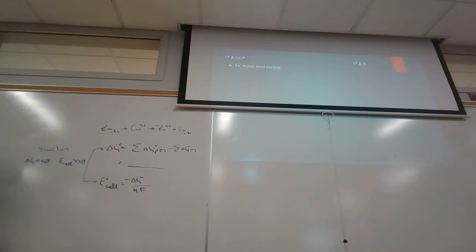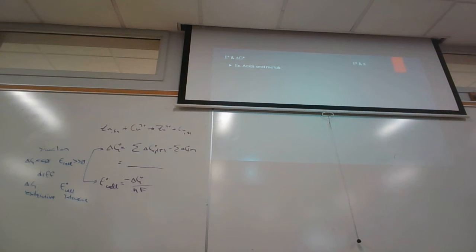But they're different in the sense that delta G is extensive and depends on the amount, whereas E naught of the cell is intensive. It doesn't really depend on the amount.